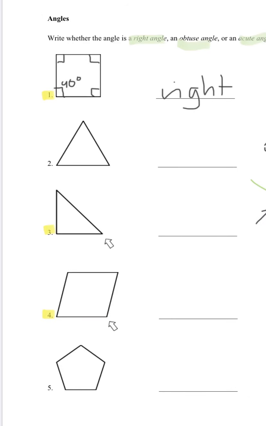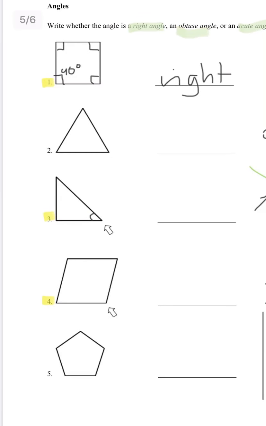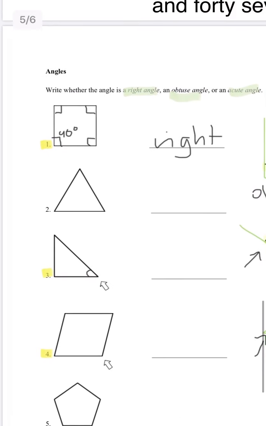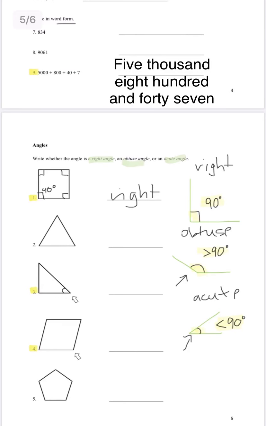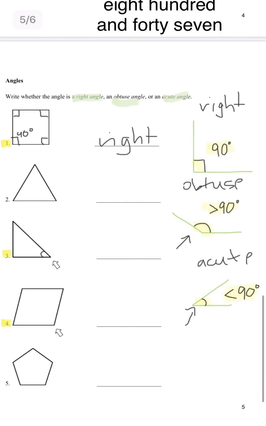How about number 3? Well, it's asking for this angle over here, which seems to be less than 90 degrees, right? Because if it was 90 degrees, then it should have been this, right? But it's less than 90 degrees. So less than 90 degrees is an acute angle.